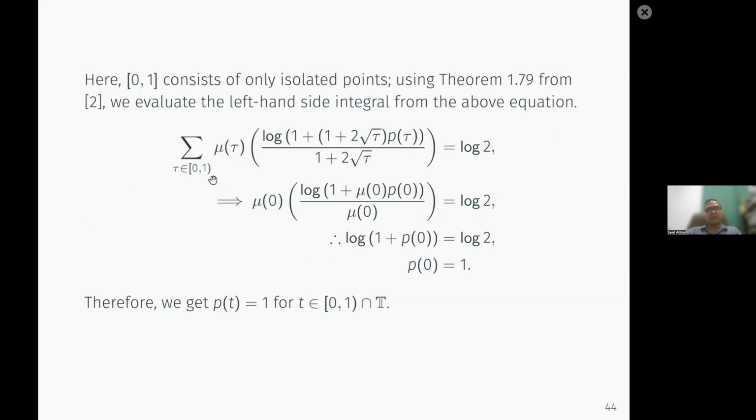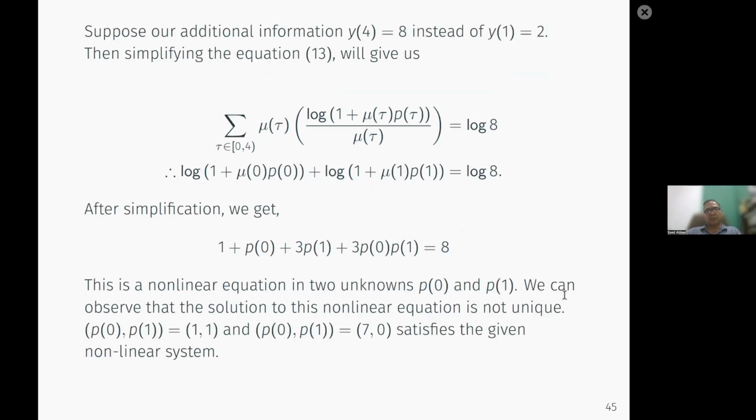In this, we have only the point 0 in the intersection with T, and it comes out to be mu 0 times log of 1 plus mu 0 p0 upon mu 0 equals log 2, which when we solve, we get p0 equals 1, which actually matches with the values in the forward problem. So in this case, we get p(t) equals 1 for t in [0,1) intersection T.